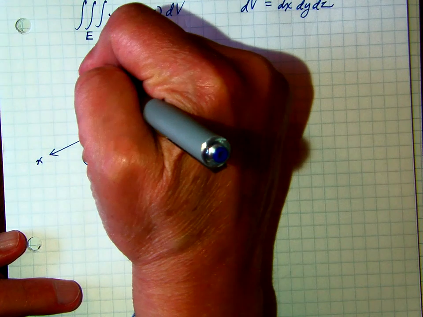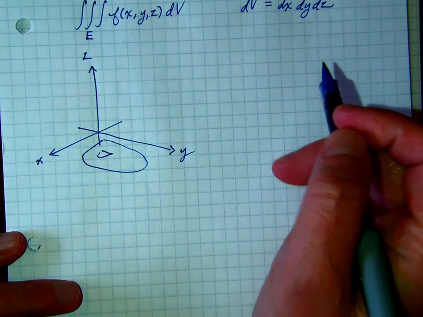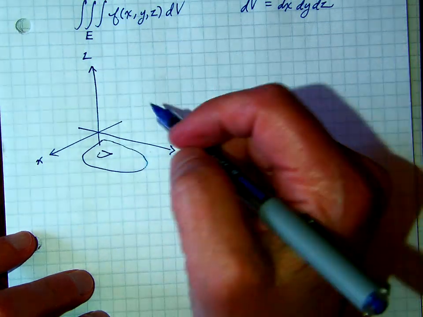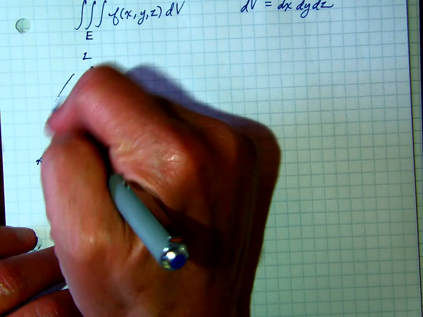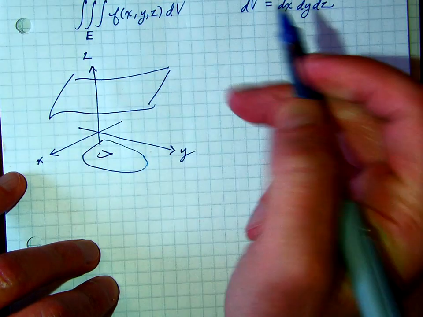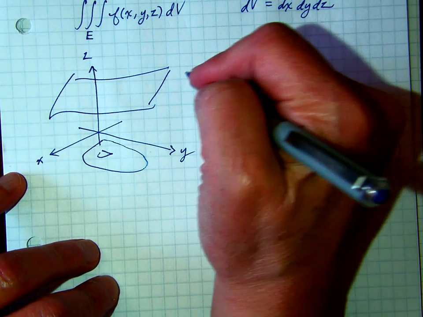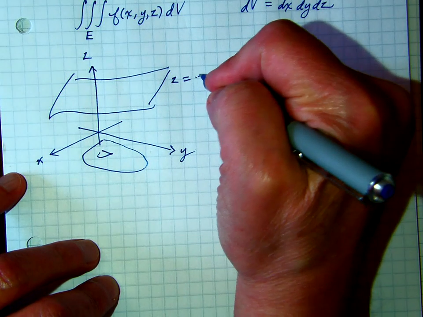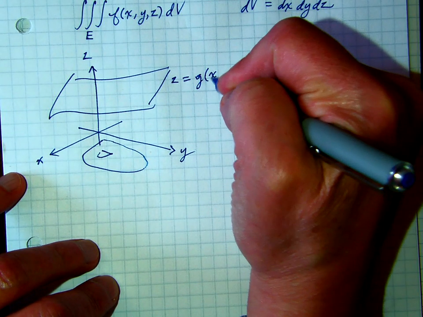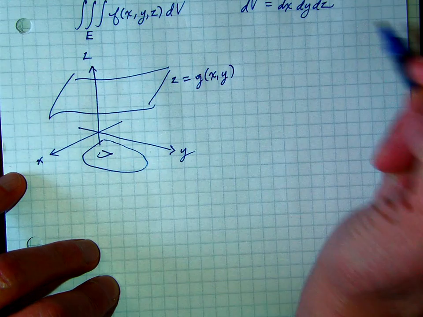And so here's my z-axis. And let's suppose that this is the base of your region of integration, and E is topped off at the top by some function, and we'll just call it G will be useful, okay? G of x and y.